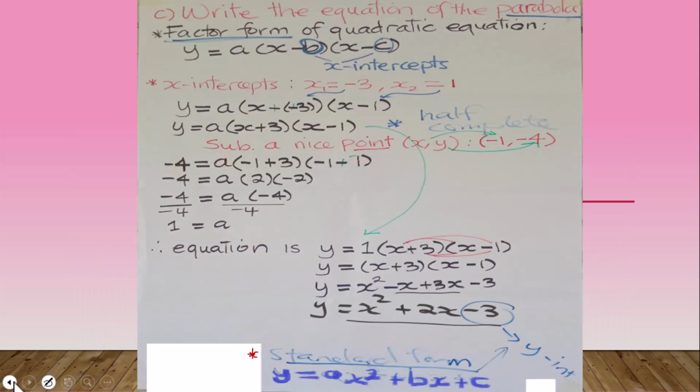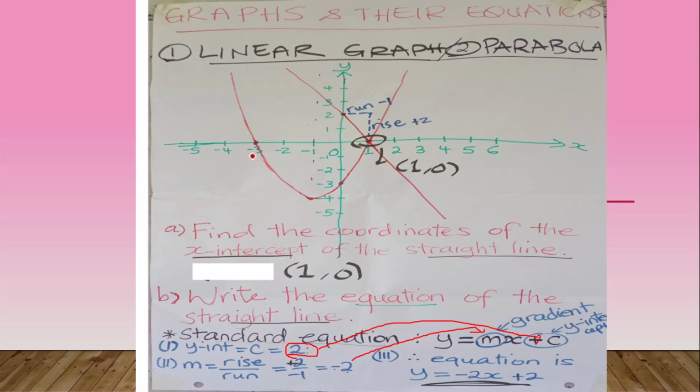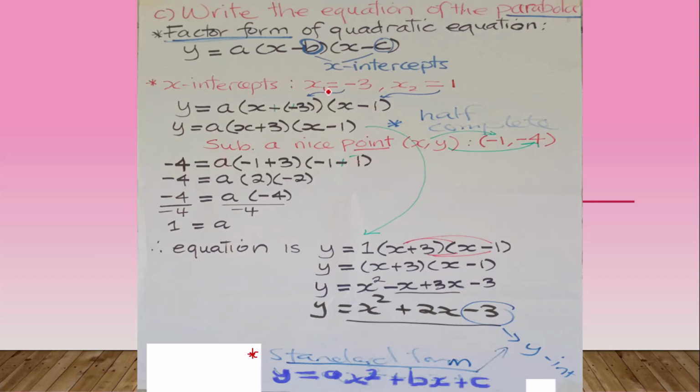Looking at the graph, one x-intercept is -3 and the other x-intercept is 1. So x1 is -3, x2 is 1, and we plug these values in place of b and c. Now take note, the factor form of the equation has x minus b.